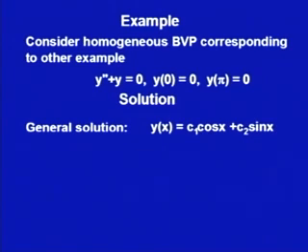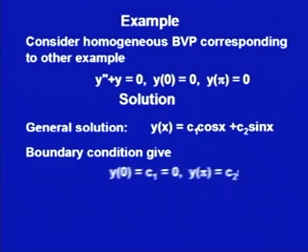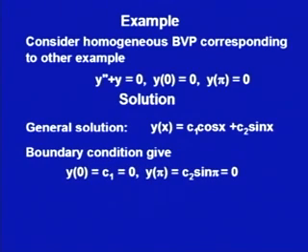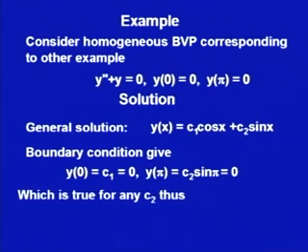At x is equal to 0, I would get C1 is equal to 0, and at x is equal to pi, I would get C1 cos pi plus C2 sin pi, and since C1 is 0, I would get only C2 sin pi, and since sin pi is 0, C2 can be any constant. So, these boundary conditions are giving me C1 as 0 and C2 any arbitrary value.